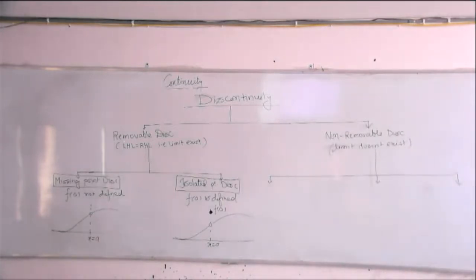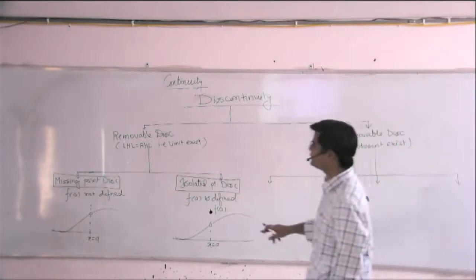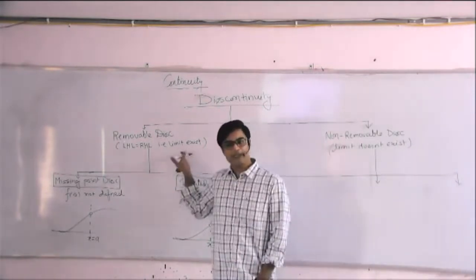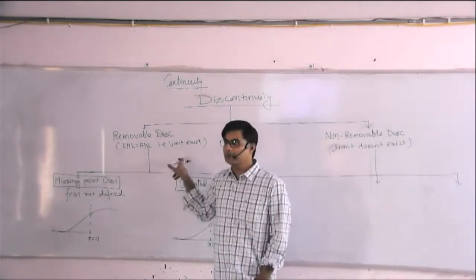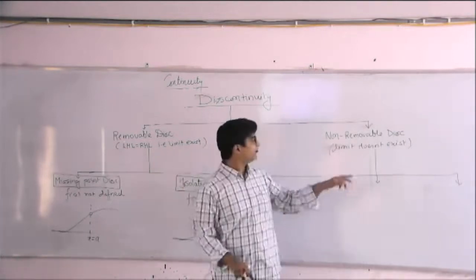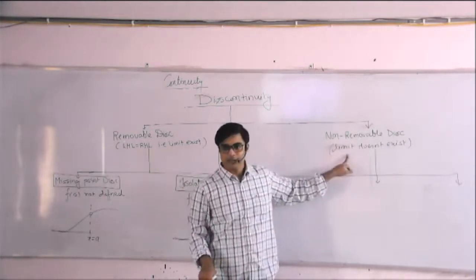If LHL equals RHL, that means limit exists or not? That means it will be in the left hand part, removable discontinuity. Here we say limit exists, that means LHL equals RHL. So all those cases will be there. I am saying limit does not exist.